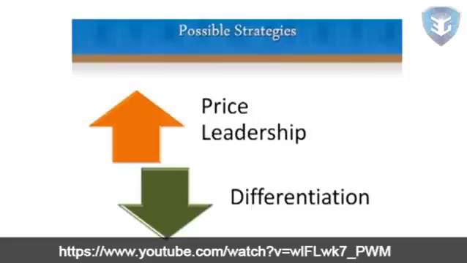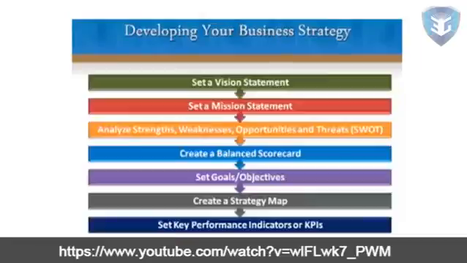In this scenario, the product must be different from the competition's and provide value that other competing products do not provide. If your company can deliver a product that is different from the competition's and is in demand amongst potential buyers, then you have a sustainable competitive advantage.